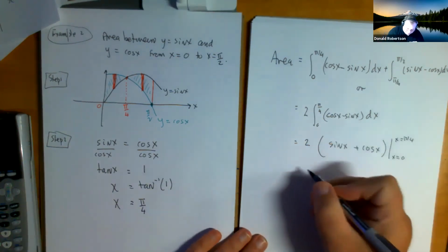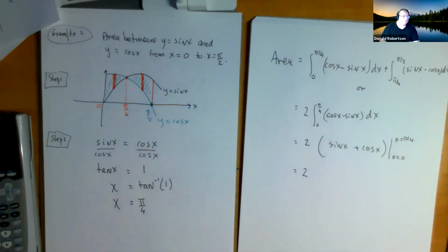Okay, so the reason I was saying be careful here is, isn't the sine cosine antiderivative issue fraught with danger of getting the wrong sign?